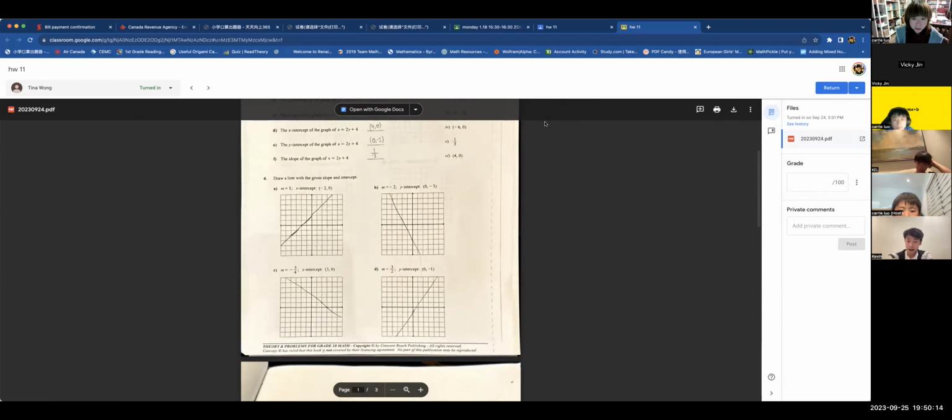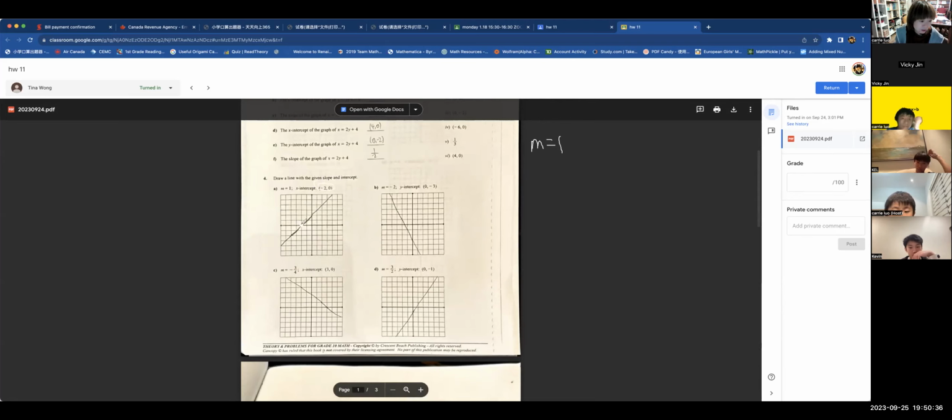So I'm going to spend a little bit of time discussing the homework. Kevin, take a look at this one. When the teacher tells you m equals 1 and x-intercept is -2 and 0, you can immediately find the point here. What does x-intercept mean? It means the line goes through -2 and 0.